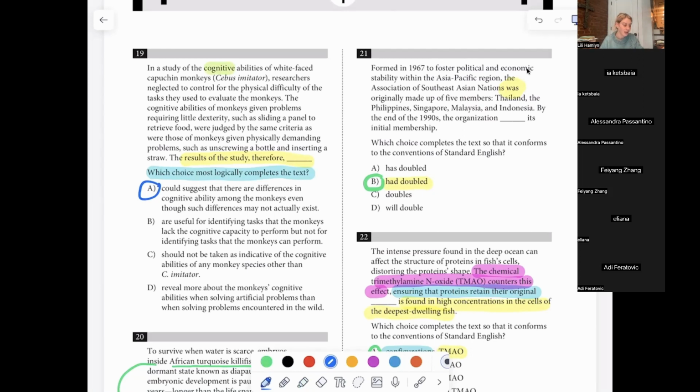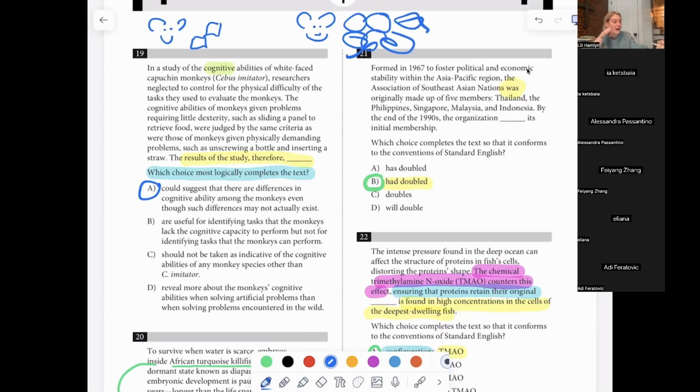Okay, that one's not really making sense. So this group of monkeys was given a really easy task involving 2 blocks, right? This group of monkeys was given a really difficult task involving all this stuff. And then we take how they fare on this and say, these monkeys are stupid and these monkeys are clever.